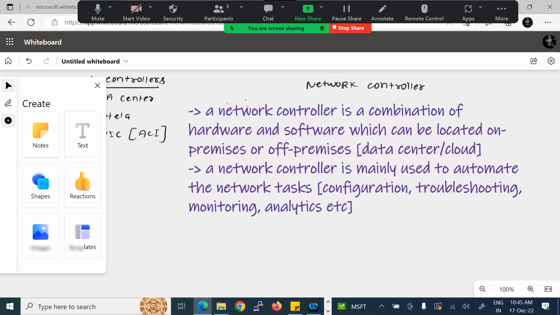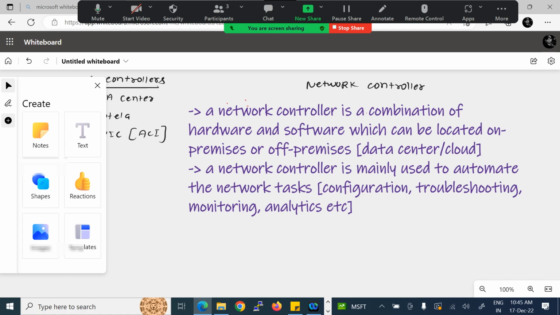A network controller is a combination of hardware and software which can be located on premises or off premises. The first thing is that the controller doesn't have to be deployed in the local area network if you're trying to manage the local area network. It can be located anywhere. As long as your network controller is reachable to the network devices, it can be located on premises or off premises. This is known as flexibility, and you know that we love flexibility, right?